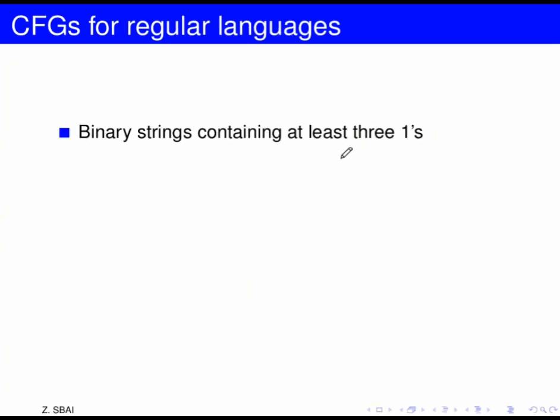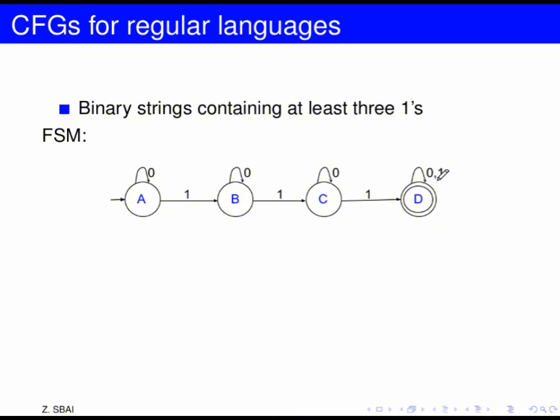The binary strings that contain at least 3 ones. In each string, we will have 3 ones, 4 ones, 5 ones, and so on. So we may write the finite state machine this way. We may have the initial state A, which will lead to the state B if we see 1, but we will stay in the same state A if we see 0.